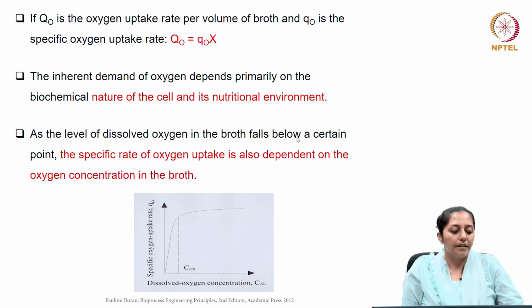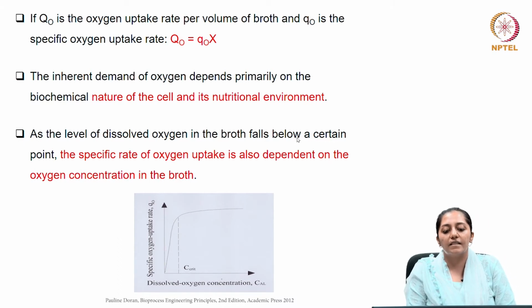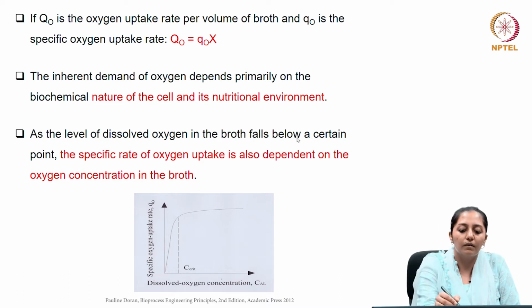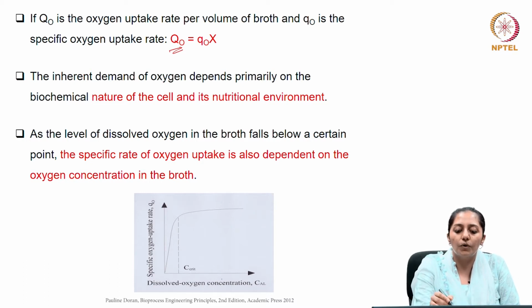So if you can see on the slide, capital Q0 can be defined as the oxygen uptake rate per unit volume of the broth, and small q0 is defined as the specific oxygen uptake rate, meaning the demand of oxygen per unit biomass.